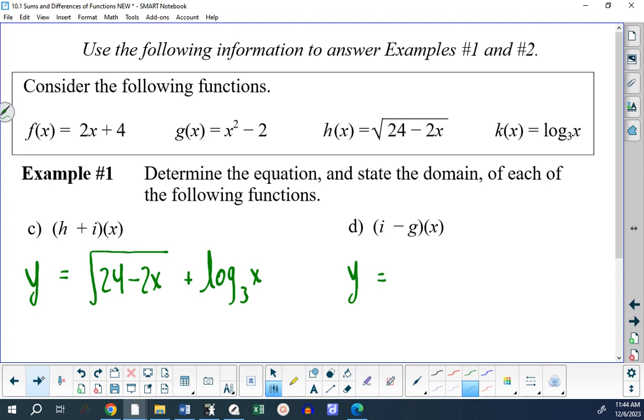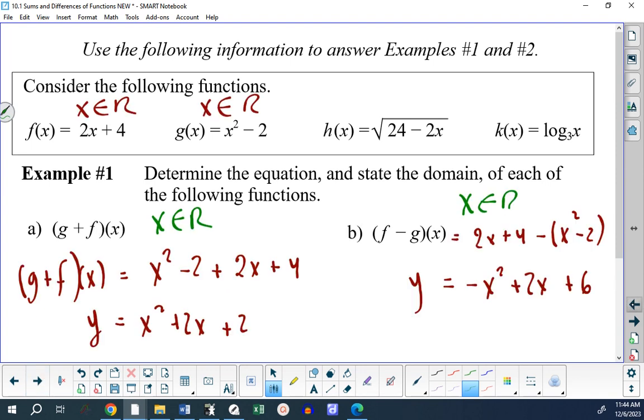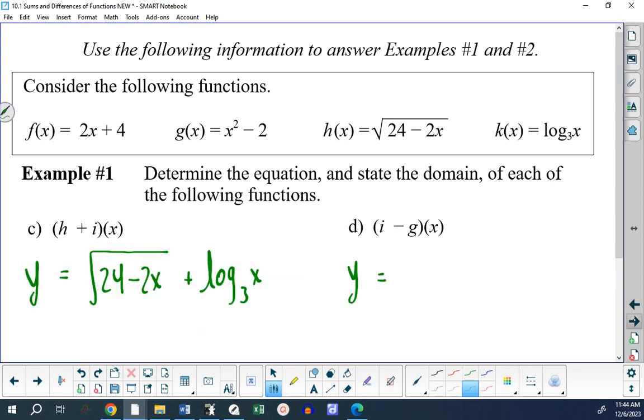The last one? Okay. It's funny how I didn't even notice that when I did C. But this is an I in your handout. Yes? Okay. So this one will be I, which is log base 3 of x, minus x squared minus 2. And when I subtract x squared minus 2, I subtract the x squared and I subtract the negative 2.